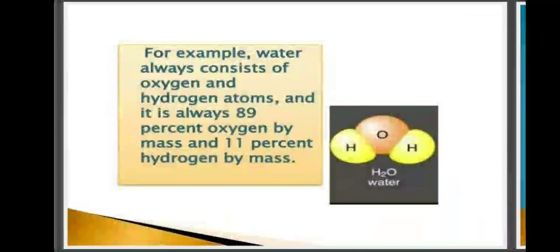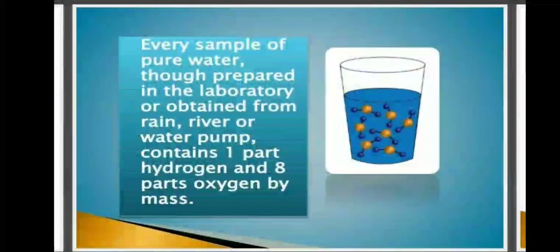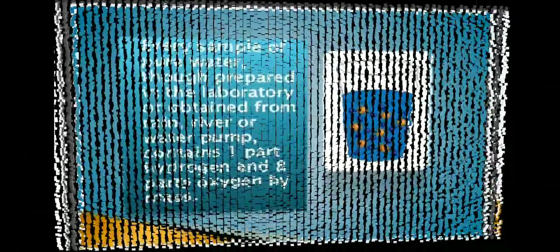For example, water always consists of oxygen and hydrogen atoms, and it is always 89% oxygen by mass and 11% hydrogen by mass. Every sample of pure water, whether prepared in the laboratory or obtained from rain, river, or water pump, contains 1 part hydrogen and 8 parts oxygen by mass.